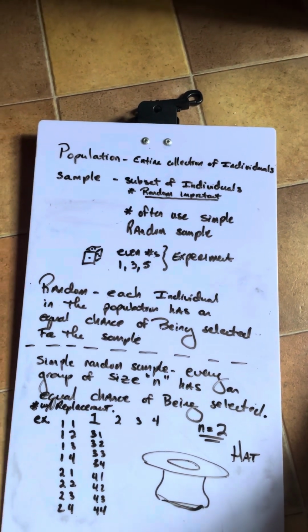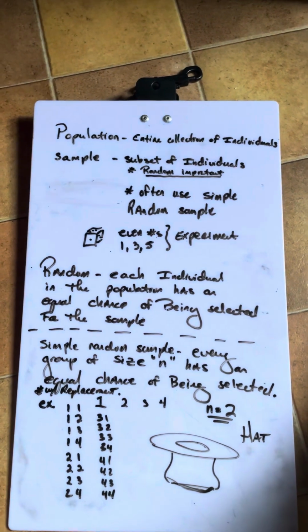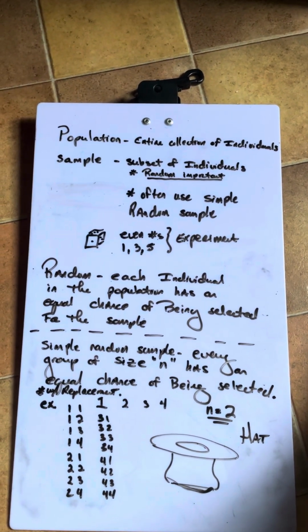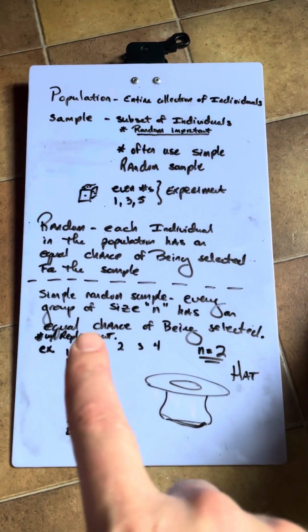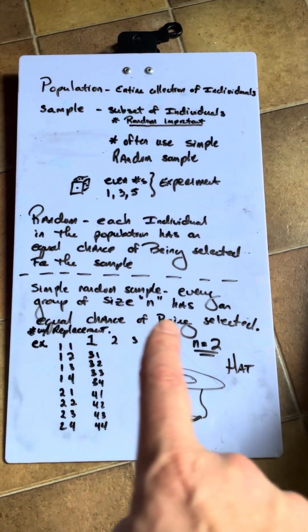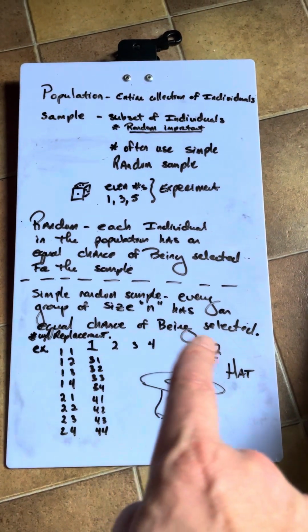Okay, now I have this second piece here called a simple random sample. Well, a simple random sample is the first of our experiments. And a simple random sample, by definition, says every group of size n has an equal chance of being selected.